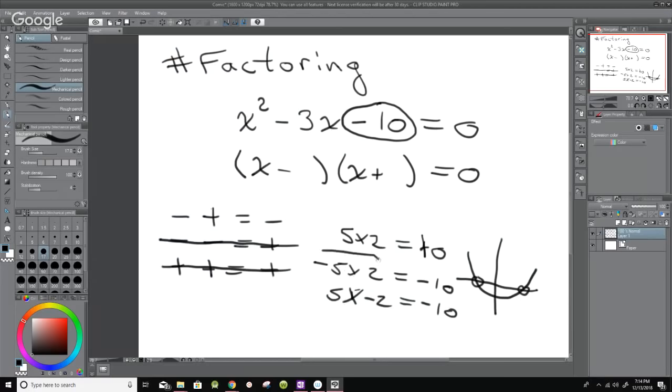So now we need to figure out which one of these is right for us. Well, the way we do that is we look at this negative 3 here. If I end up with a negative 3, that means when I add these two terms that get multiplied out, we end up with negative 3 instead of a positive number.